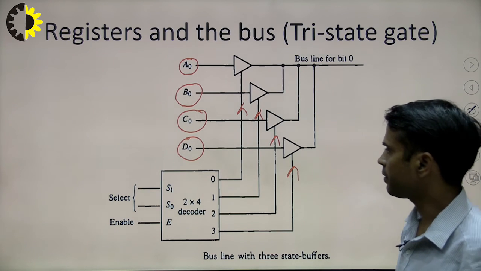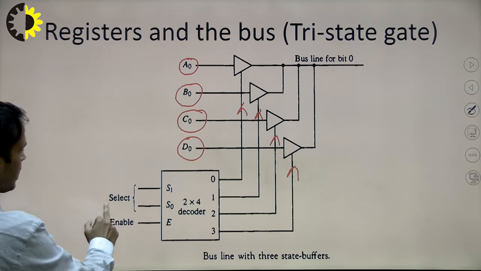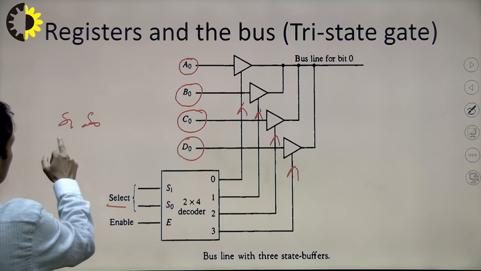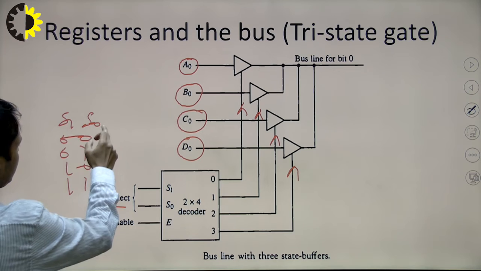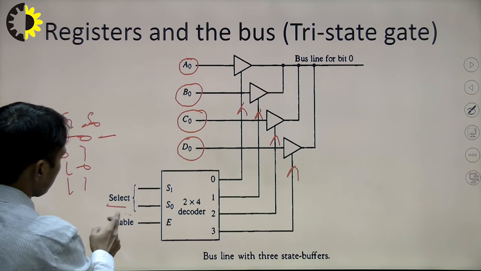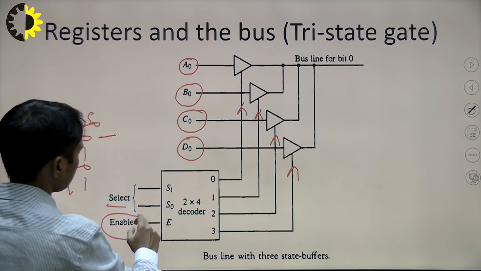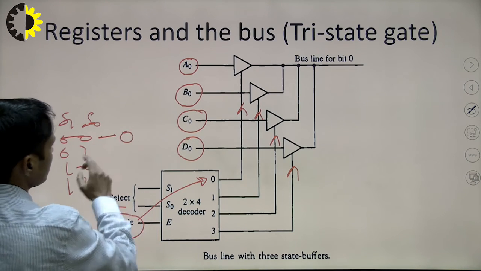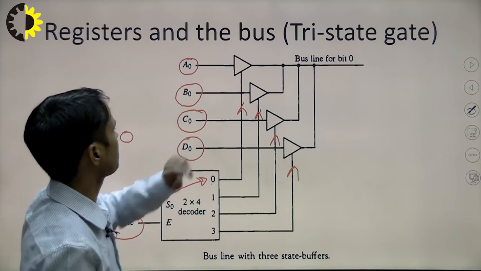The 2 cross 4 decoder has 2 selection lines. For S1 S0 as 00, 01, 10 and 11 inputs, it will pass the enable signal. For example, for 00, the enable signal will move to this point. So, for 00, it will enable a particular bit, A0.